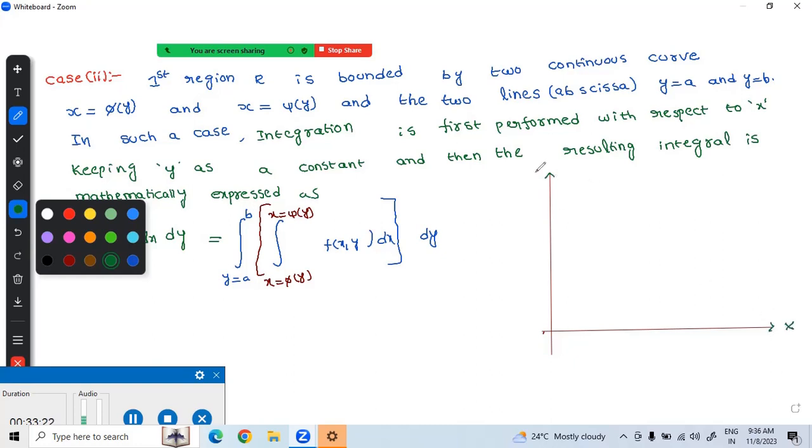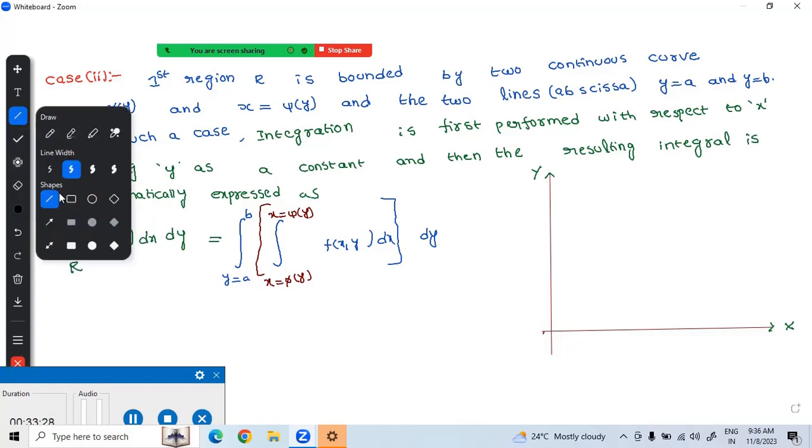x-axis and y-axis. So draw: y equal to a is parallel to the x-axis, y equal to b is also parallel to the x-axis.